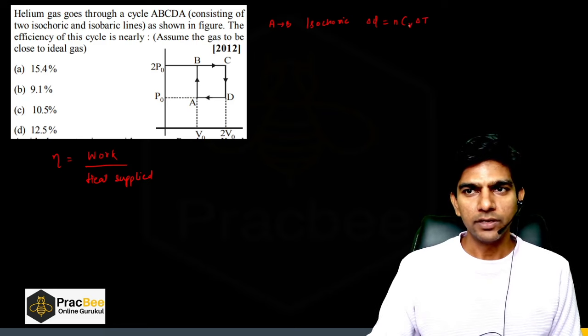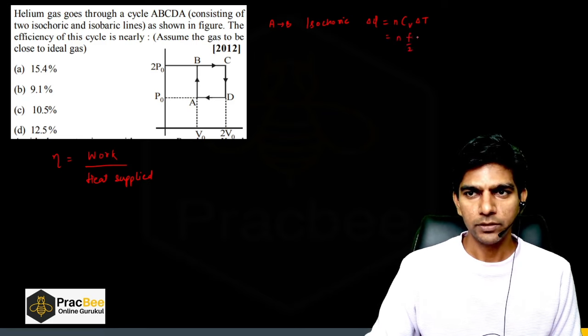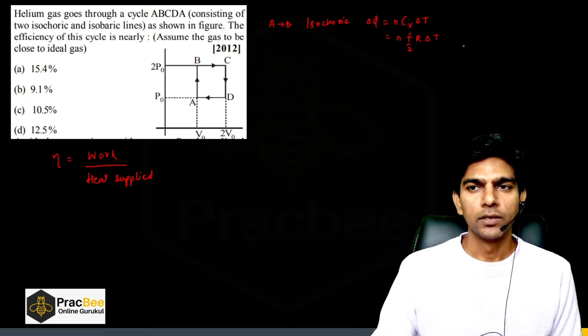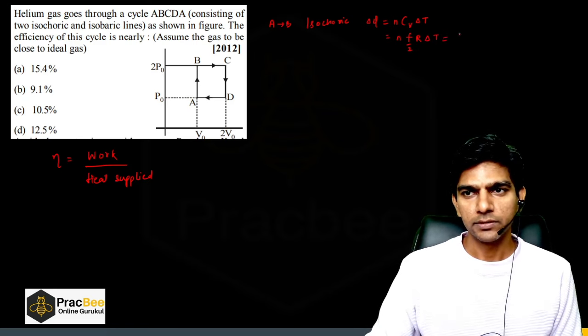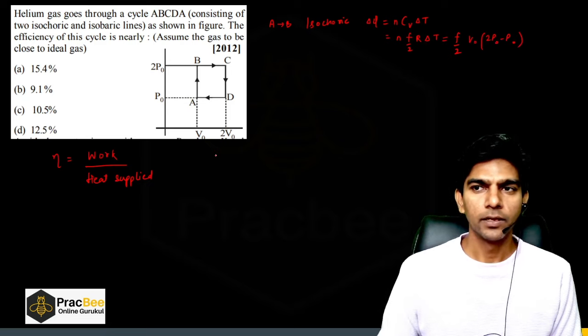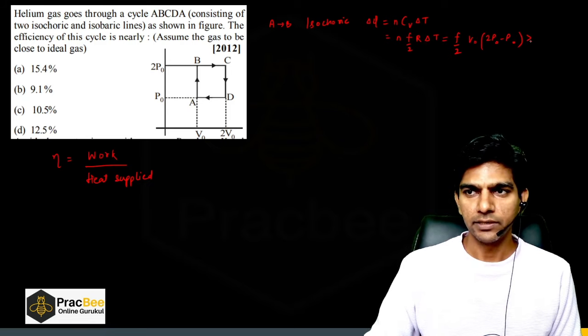Now Cv can be written as f by 2 R, so n R delta T, by the ideal gas equation, can be written as f by 2 times V naught times (2 P naught minus P naught). Can you see? It comes out to be positive, so it is greater than 0, right?